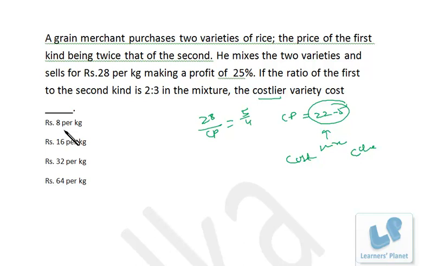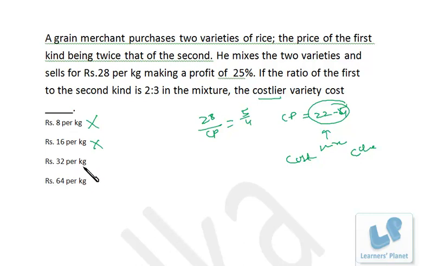See, costlier variety, if it is 8 per kilogram, it is not possible because even the mixture is 22.4 rupees per kilogram, right? So costlier variety must be more than this. Wrong. 16, costlier price must be more than 22.4. So even this is wrong. 32, it is possible. Let's see.